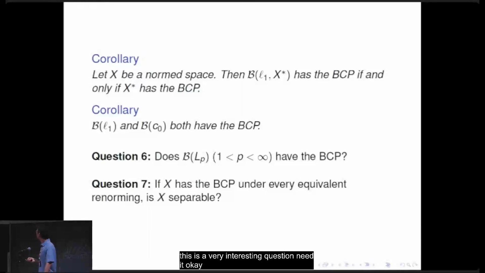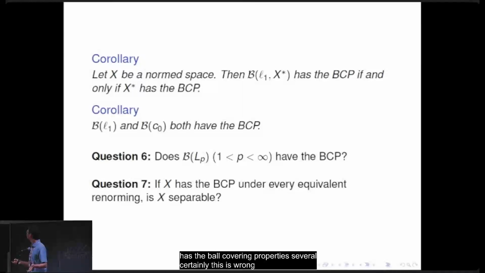Another question is related to what I talked about in the beginning. For every separable Banach space, it's easy to see it has the Borel covering property, strong Borel covering property, and uniformly Borel covering property. But you can't just say that if the space has the Borel covering property it is separable; certainly this is wrong.